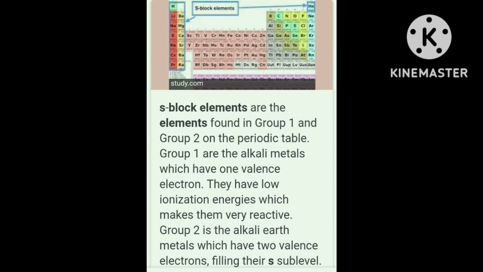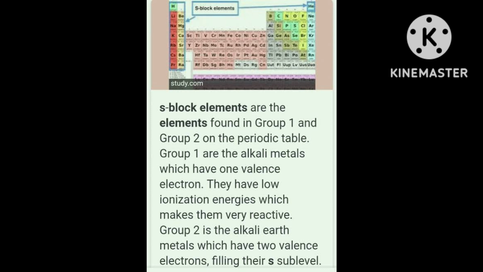Always one electron will come in the last, like potassium, 19. Then 1s2 2s2 2p6 3s2 3p6 4s1. In that way, other elements, rubidium, cesium, francium, follow the Aufbau principle in electronic configuration, how electrons will be filled.